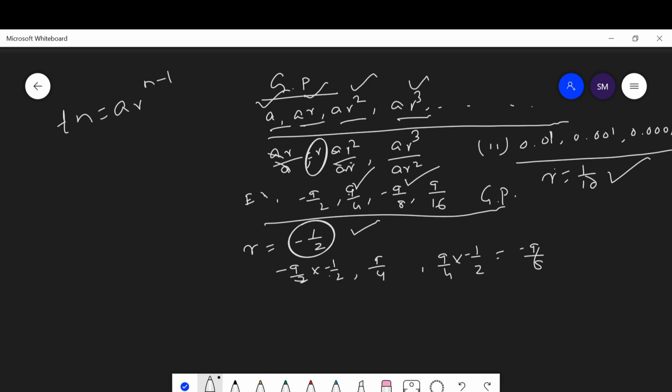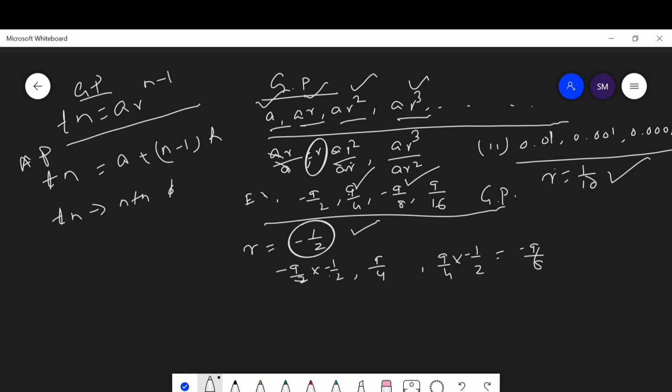In the case of arithmetic progression, the general term Tn is A plus n minus 1 into D. In the case of GP, the nth term Tn is A into R to the power n minus 1, where Tn is the nth term of the GP.